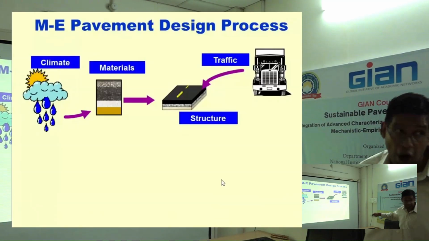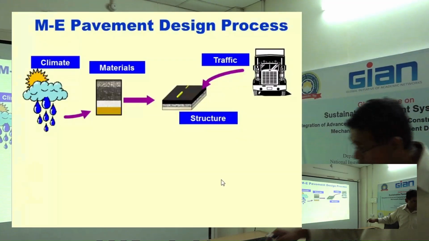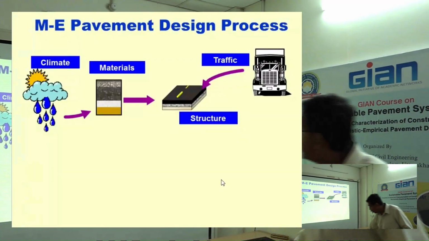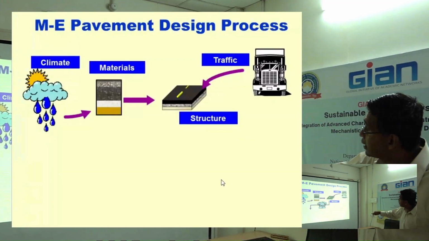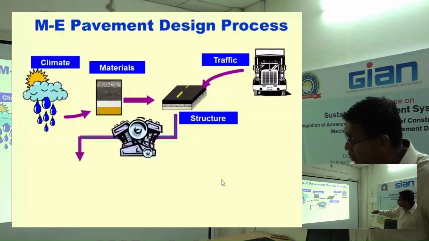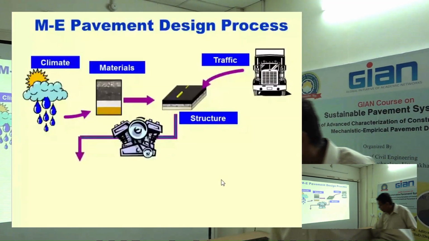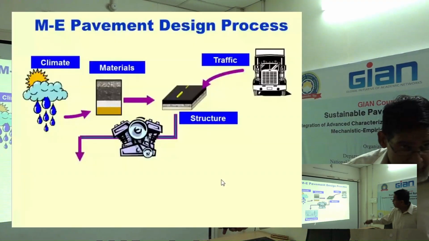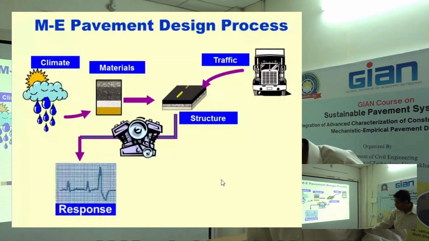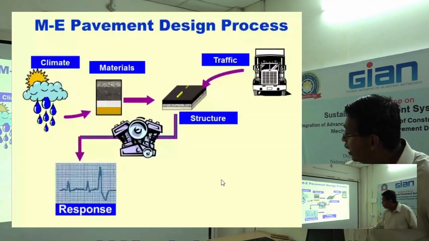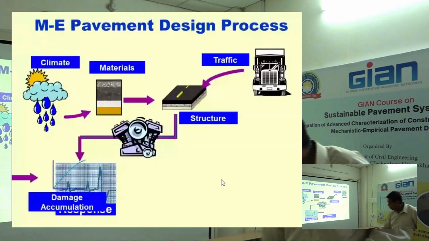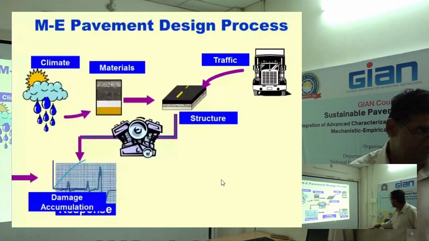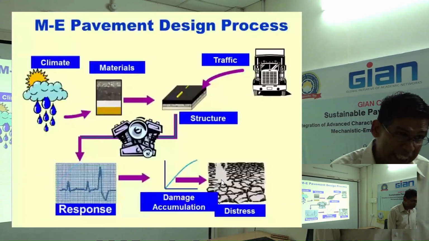So ESALs is gone, ESAL factor gone, all empirical thing is gone. Then that goes into the elastic engine, that is the analysis. You get the mechanical response, you get the damage accumulation, and then you correlate with distress.